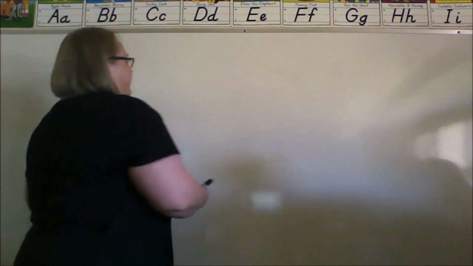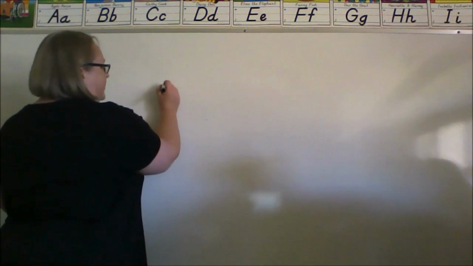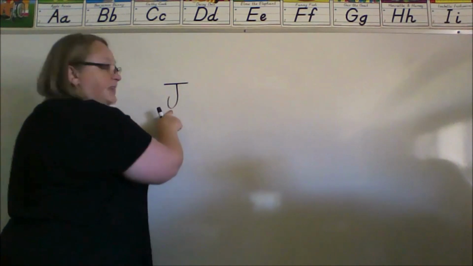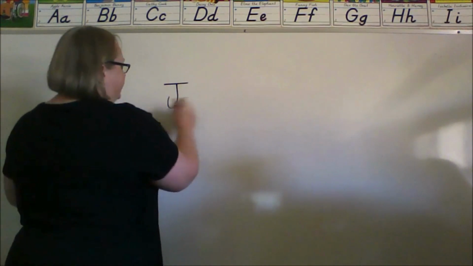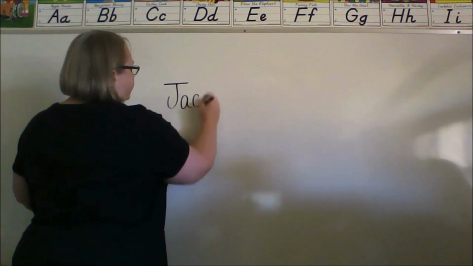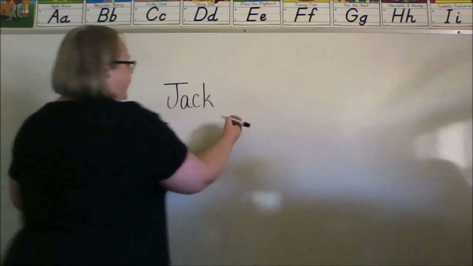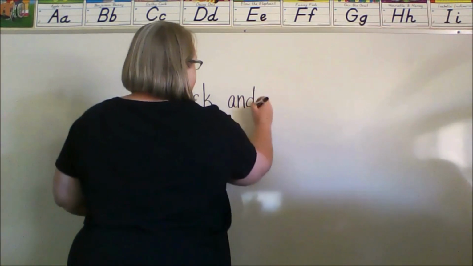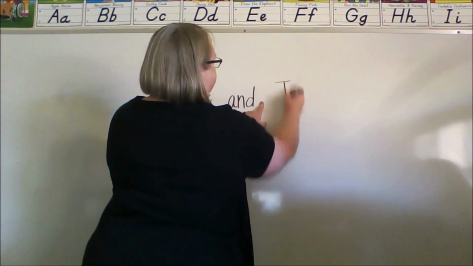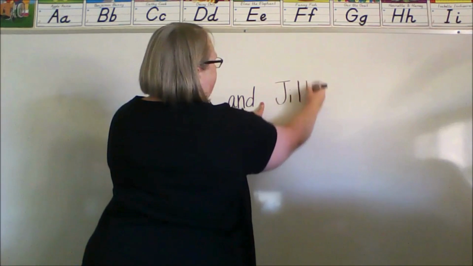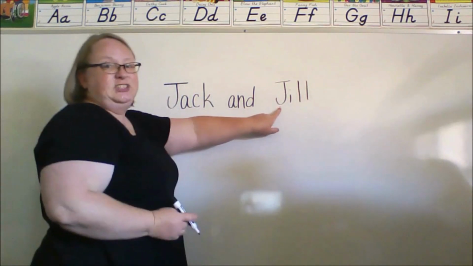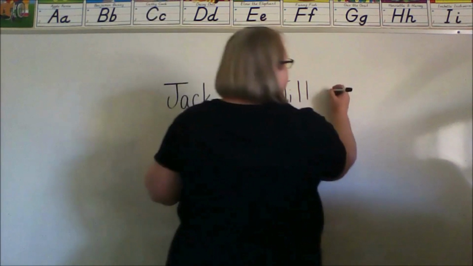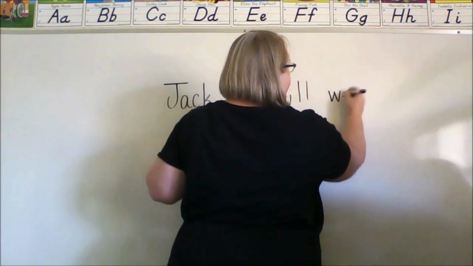Now I'm going to write it. I start on the left and I write an uppercase letter because that's the beginning of my sentence. Jack, and, Jill. I have to write another uppercase J, because Jill, that's her name. Jack and Jill, went.